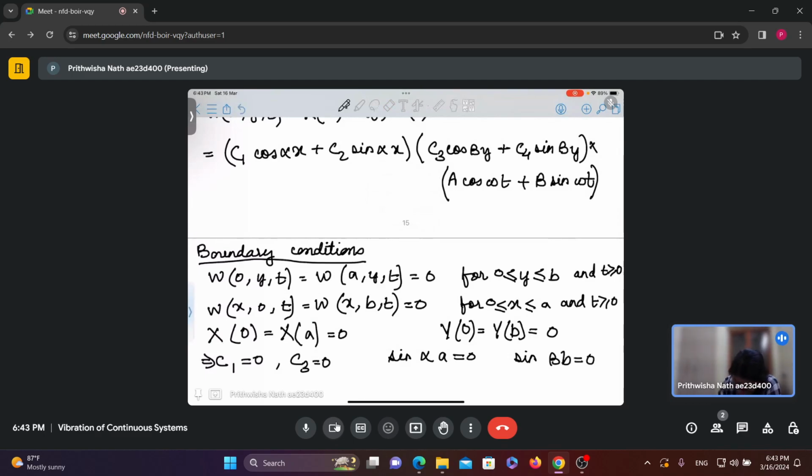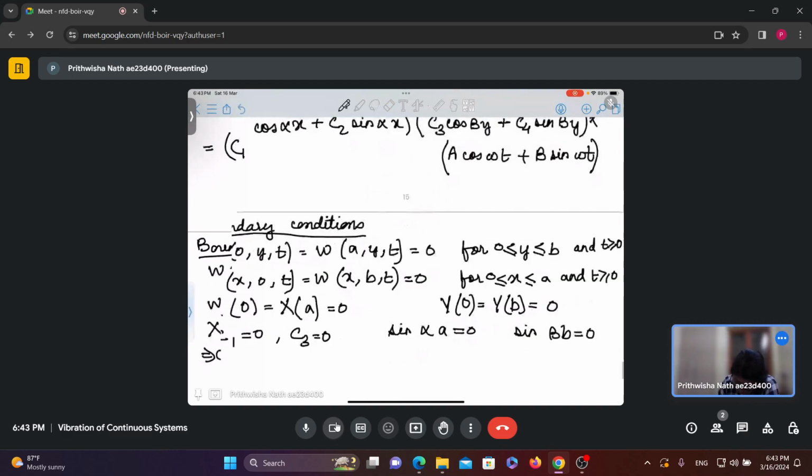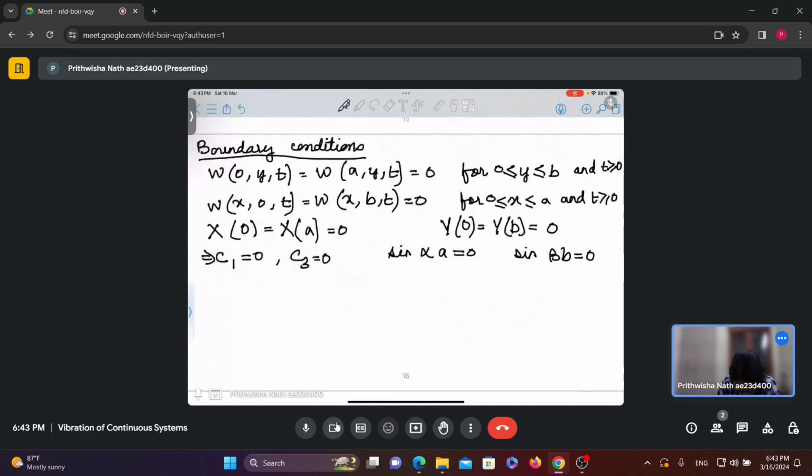Therefore, what can we say from this condition? We can say that sine alpha A equals sine of m pi. Therefore, what can I write?